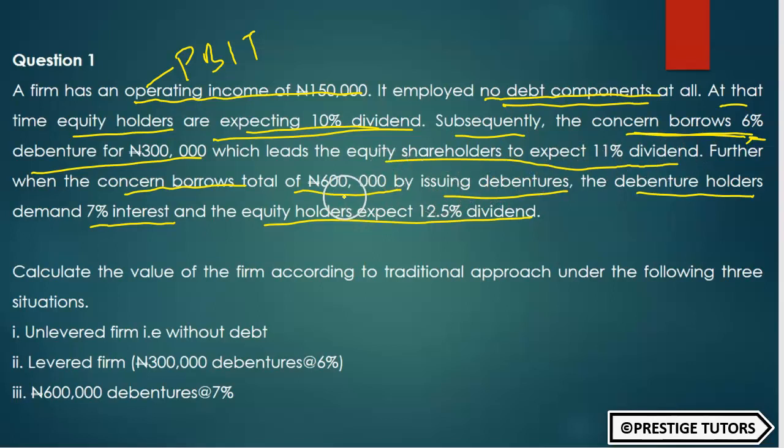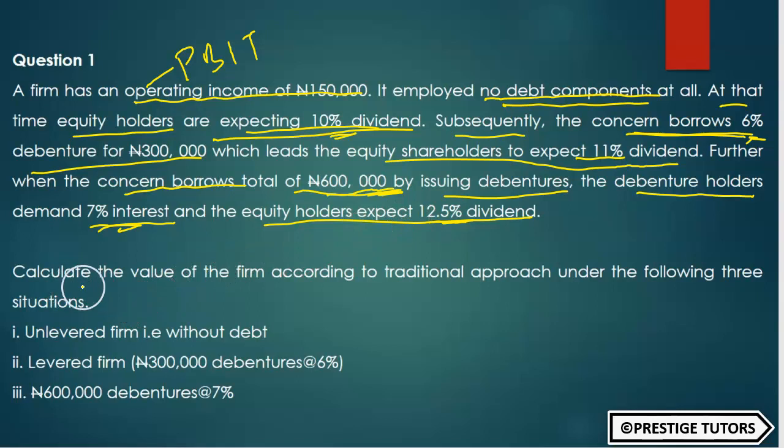The second debt of 600,000 at 7% interest rate. Equity holders, what did they do? Initially, they had 10% at no debt. With 300,000 naira debt, they asked for 11%. With 600,000 naira debt, they requested for 12.5% dividend. You can see that it's growing.